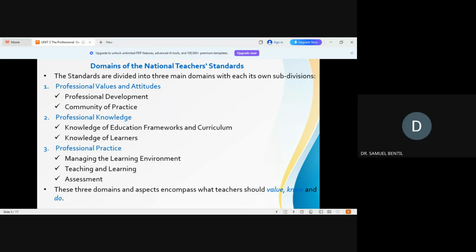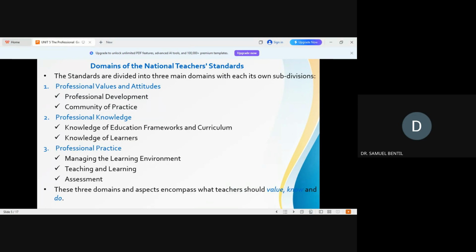Then the third domain is the professional practice. And that one has three areas: managing the learning environment, teaching and learning, and assessment. And we are saying that these three domains and aspects encompass what teachers should value, know, and do.